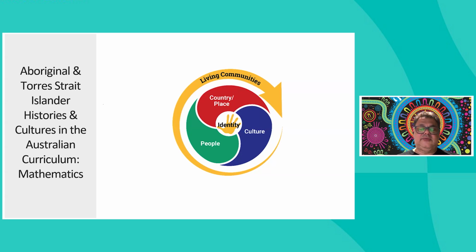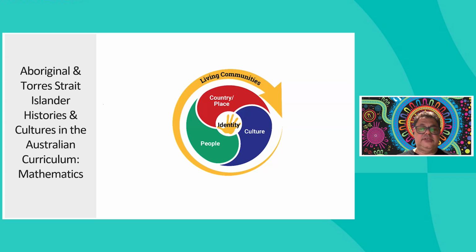Country and place is central to Aboriginal ways of thinking. All knowledge comes from country, from an Aboriginal point of view. So we must always consider country when we're thinking about doing anything within this space. And that informs the culture of our people and our identity. And as I said, what we're doing is a reconciliation piece for many students within your classroom.